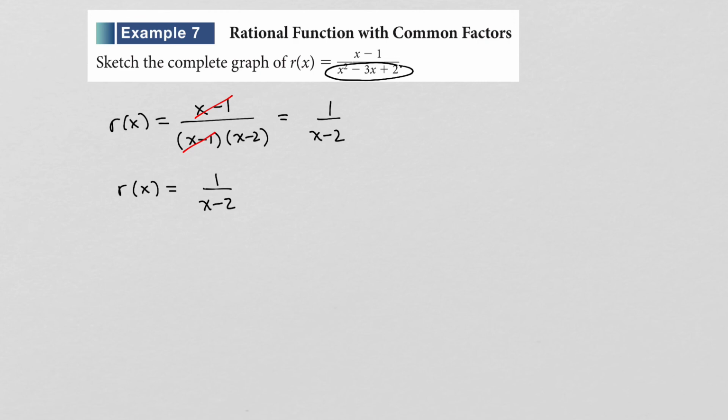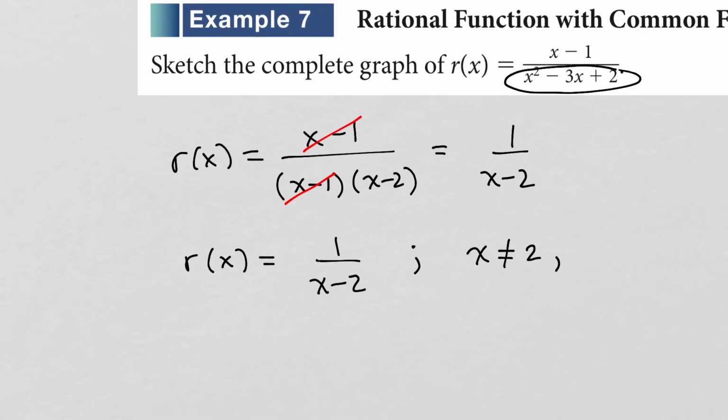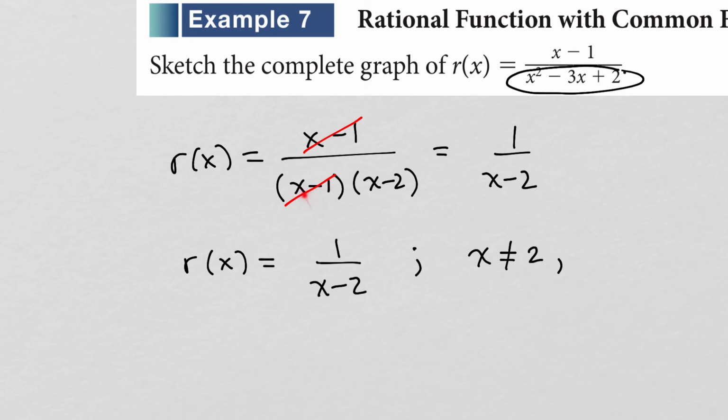However, there is one special thing that we need to take into consideration. So we know that no matter what, x cannot be equal to 2 because 2 take away 2 would be 0. But even though it appears to no longer be an issue, if you go back to the original function, you can see that x cannot be equal to 1 here.